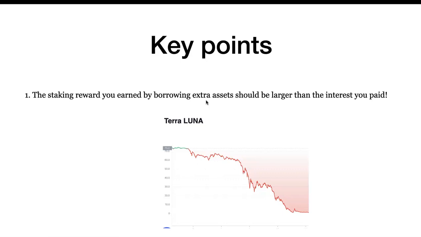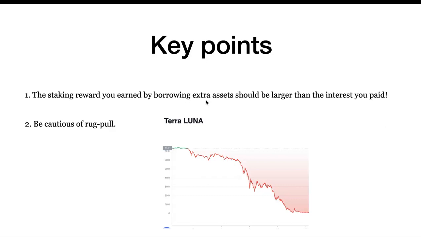If I pay 10% interest and the staking reward is only 5%, then you will lose 5% for sure. So in order to make leverage staking work, you have to find a pool, a place where you can leverage your fund, and the interest you earn is higher than the interest you pay.